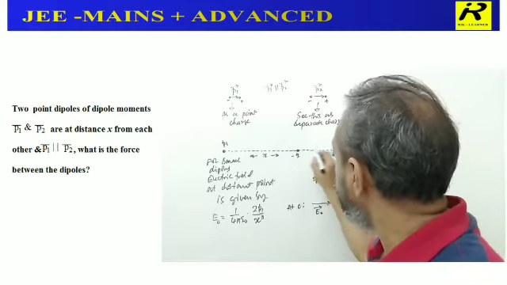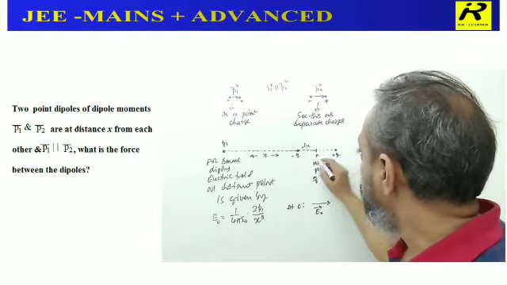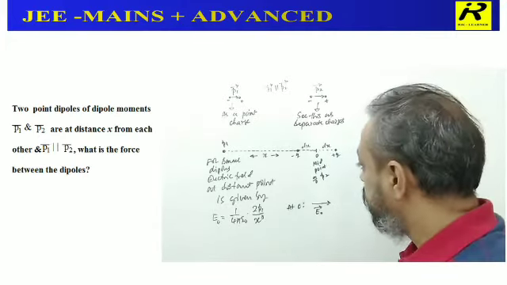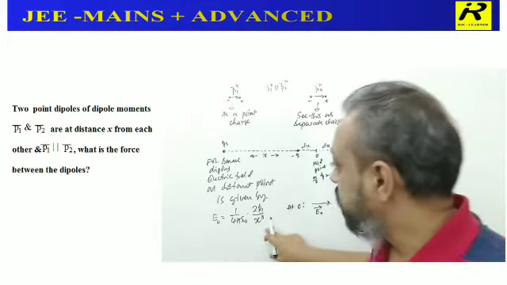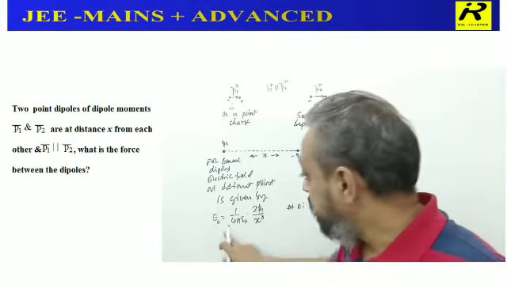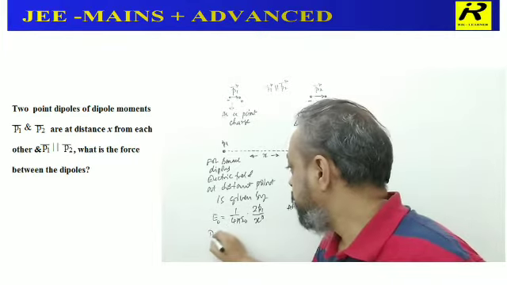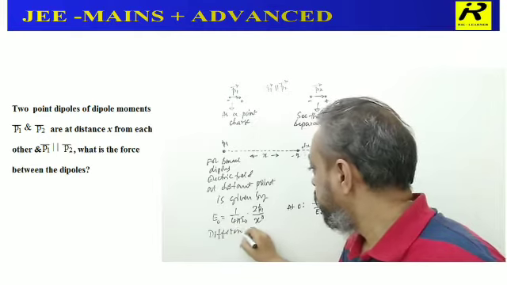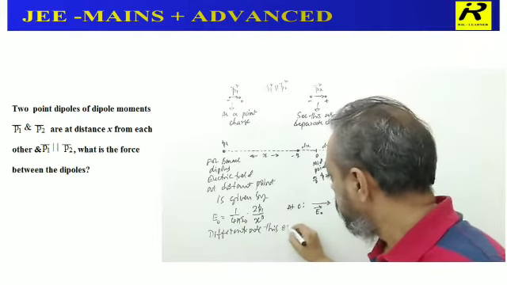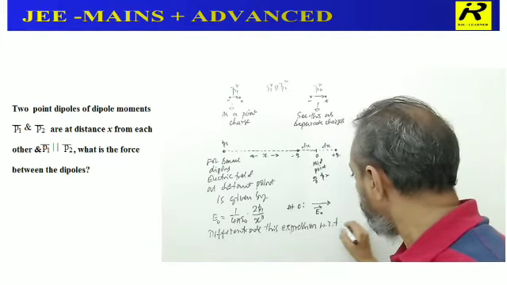If I call the first distance, that is minus q to O, as dx and O to plus q as dx, now we have to know the rate of change of the electric field along this length. For that, differentiate this expression with respect to x.